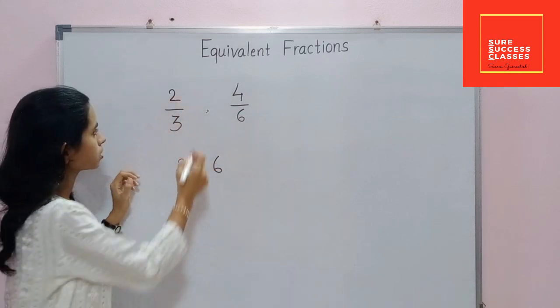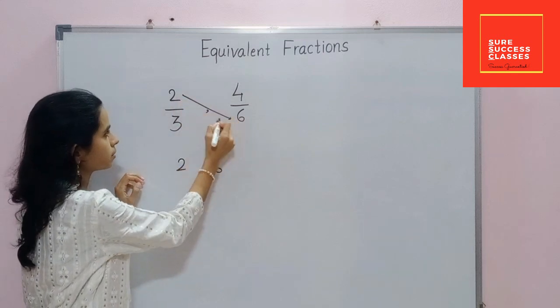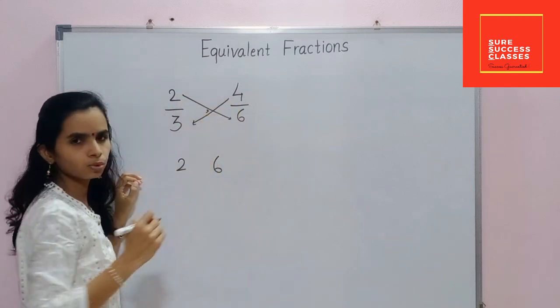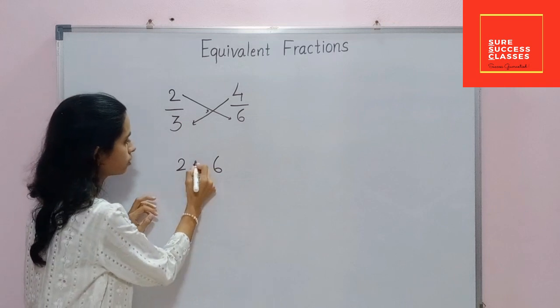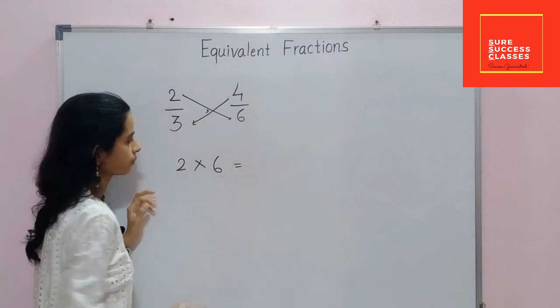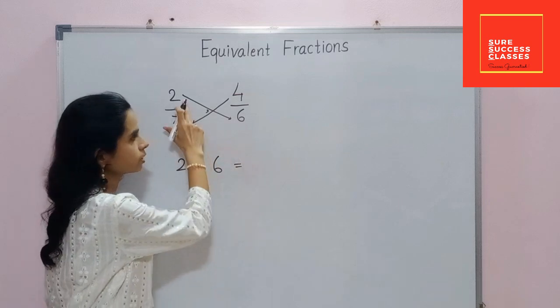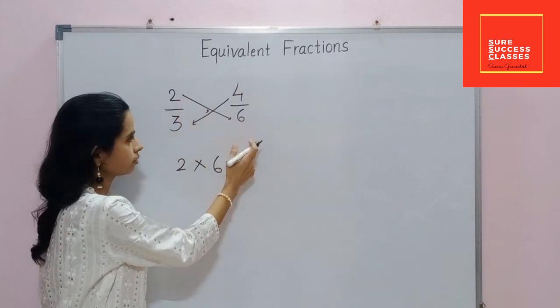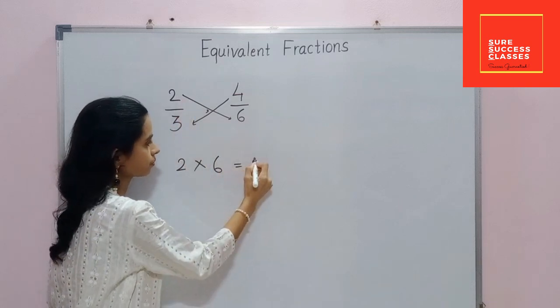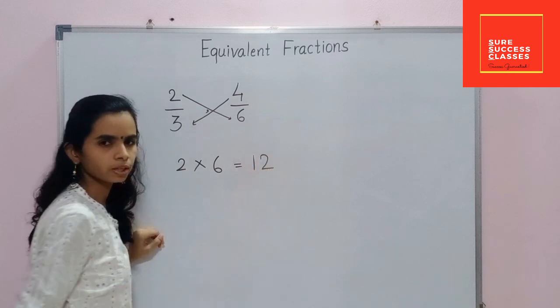If we do cross multiplication, means this to this and this to this. Here first we will multiply the numerator of the first fraction and the denominator of the second fraction. 6 2s are 12.